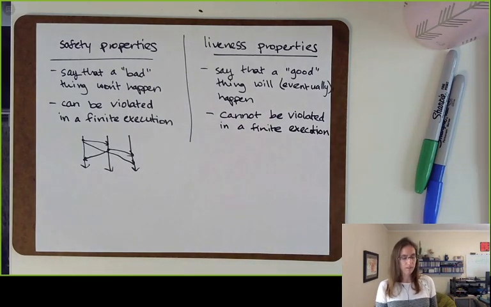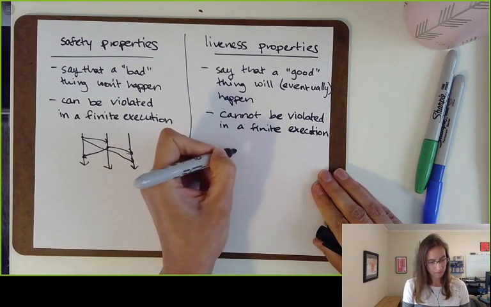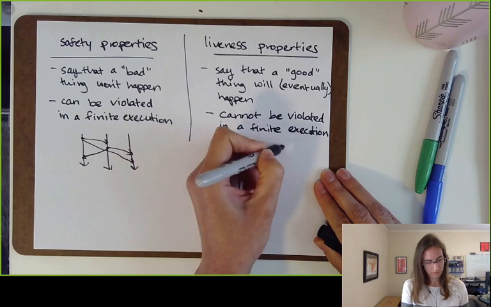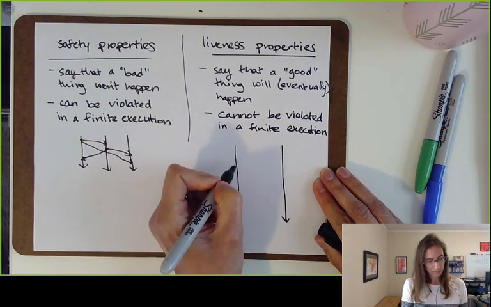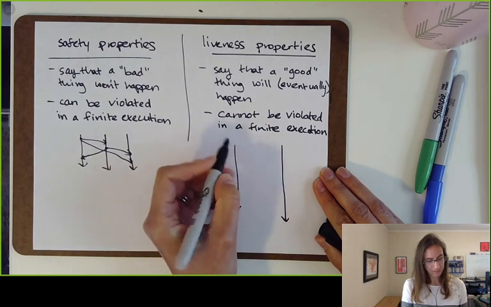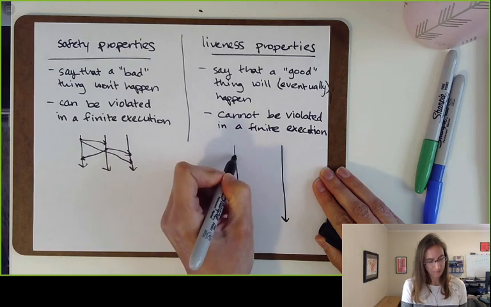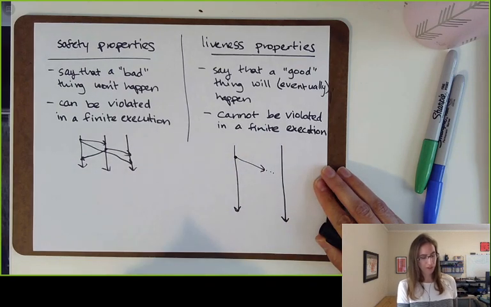What would happen if I tried to draw a picture here of an execution that violates eventual delivery? How would you do it? Maybe you have a message and the message hasn't arrived over here yet.